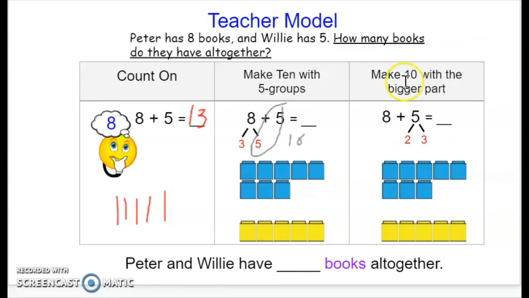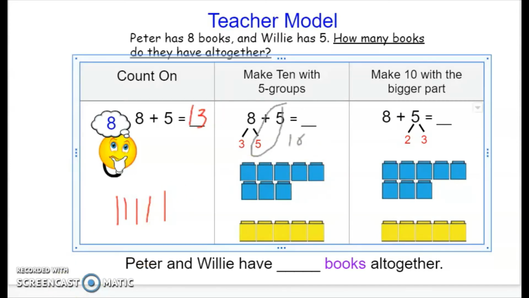Before I write down the total, I'm going to show you what I did. Now using linking cubes, let me go ahead and show you what we just did in the expression. My blue blocks here represent Peter's 8 books. My 5 cubes here represent Willie's 5 books. So I'm going to do exactly what I did here in the expression.